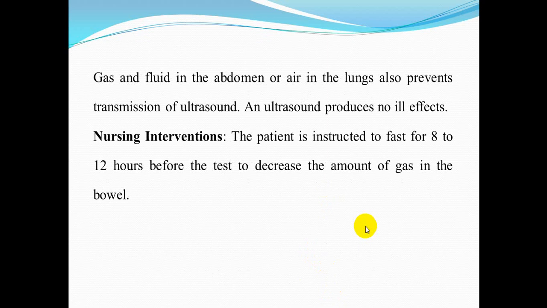Gas and fluid in the abdomen or air in the lungs also prevent transmission of ultrasound. The ultrasound produces no ill effect.